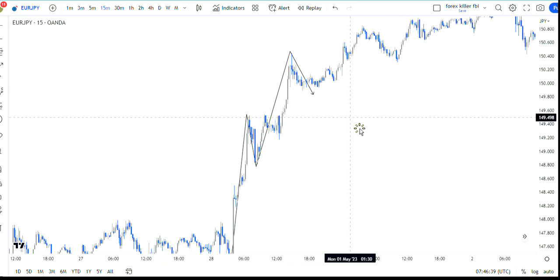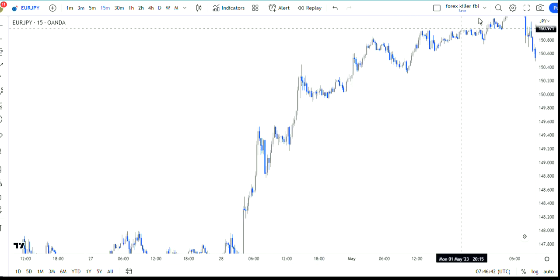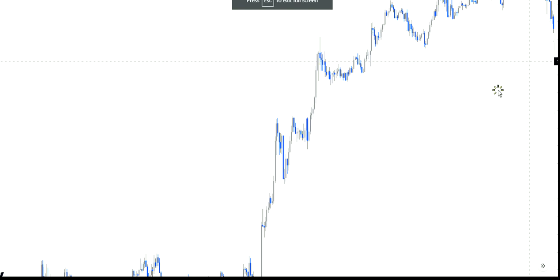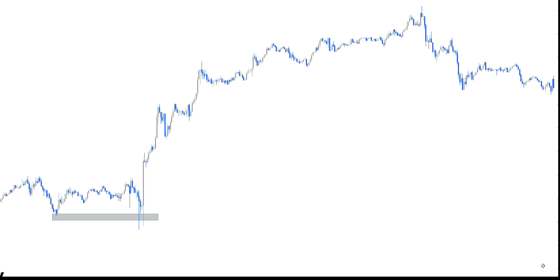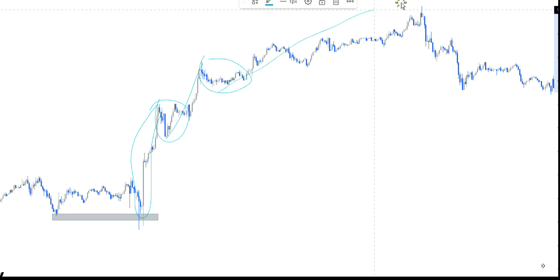All right, so let me minimize this chart. As you can see here, this is level 1. After level 1 we have a correction, then we have an impulse. This is the correction, and this is the impulse that has a minimal correction inside. So this is level 1, this is level 2, and this is level 3 right here.